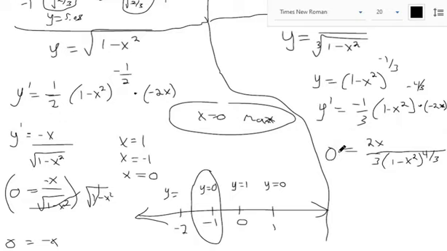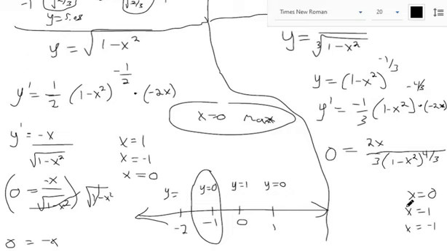Where does this equal 0? I can multiply both sides by the entire denominator and I just get 0 equals 2x, right? In other words, x equals 0. So that's one critical point. It's one potential max or min. But the places where the derivative fails to exist are at x equals 1 and x equals -1, just like on the last one, because that would cause divide by 0 problems down there, right?